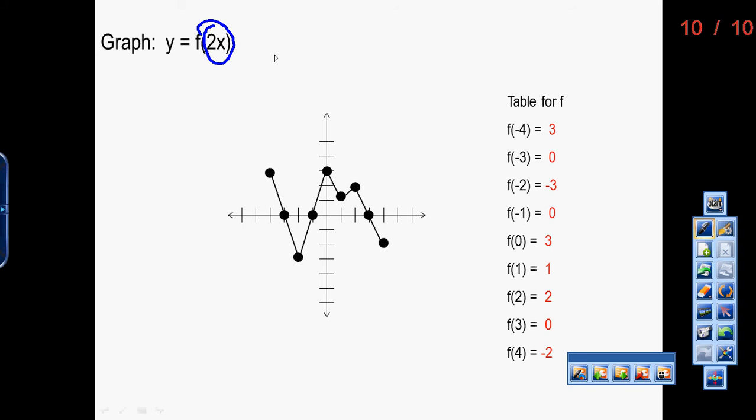Let's take a look at what actually happens. Look at this point. Okay, let's take another look at the next point. Look at that point. I'm going to go ahead and plot the point so you can see what actually happens.